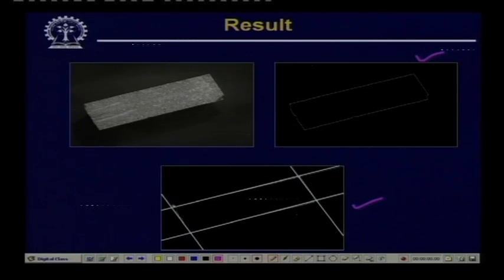So, I can always find out what the vertex locations are, and this is a rectangular region which is actually the boundary of this particular object region.